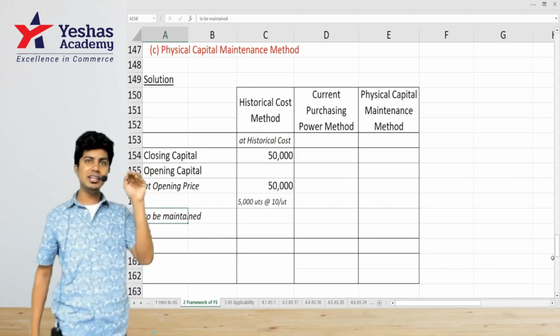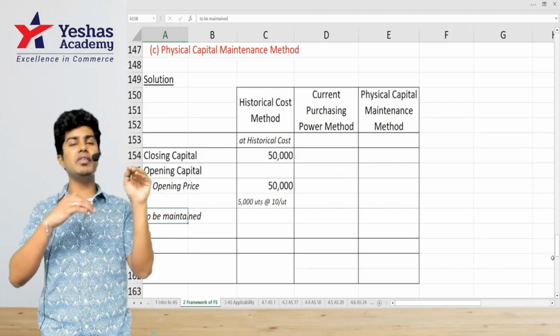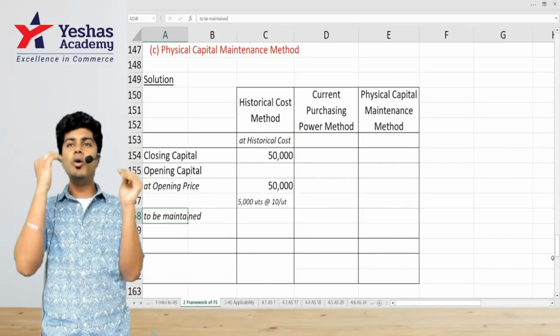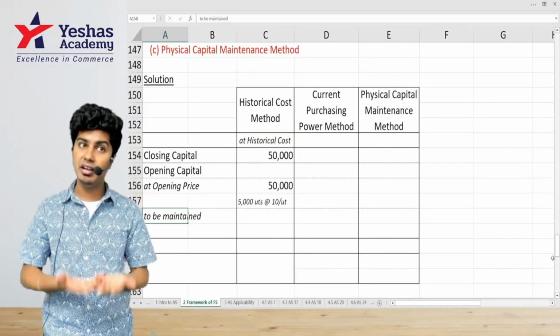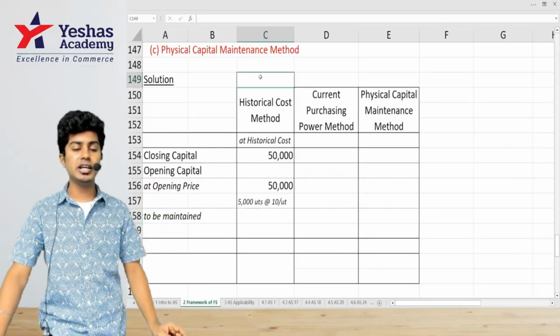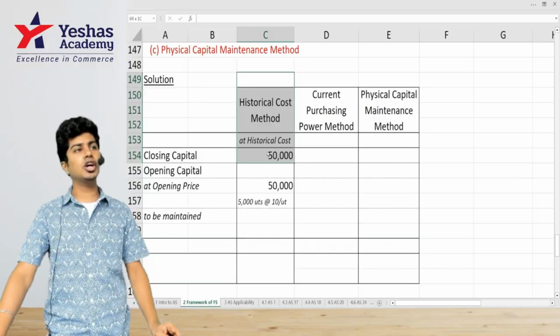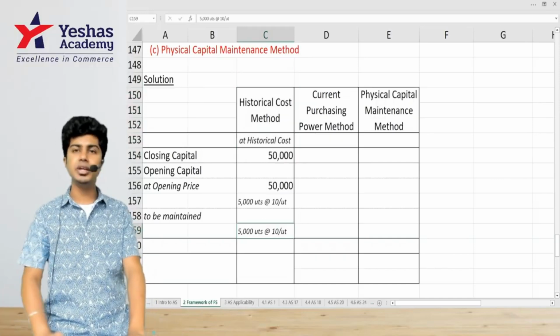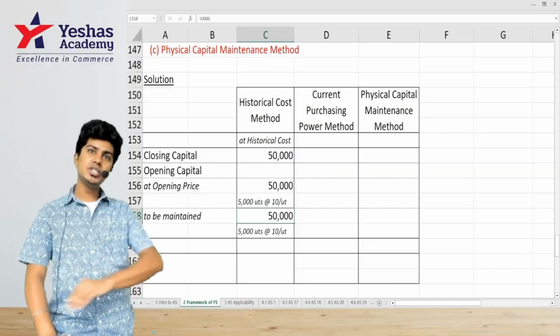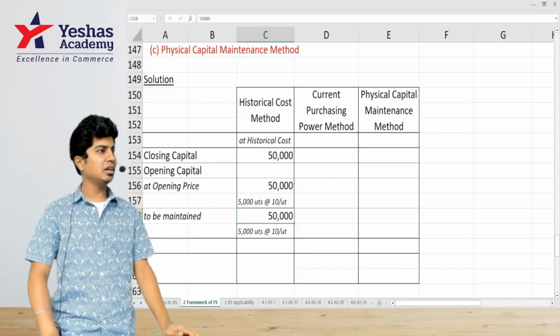And capital is recorded in terms of units here. Inventory. How many units of inventory did I have at the beginning? How many units of inventory should I have at the year end? 5,000. At what rate? I'm doing historical cost method, so I'll consider historical cost of 10. So 5,000 into 10, 50,000. So can I say closing capital should be maintained at 50,000?